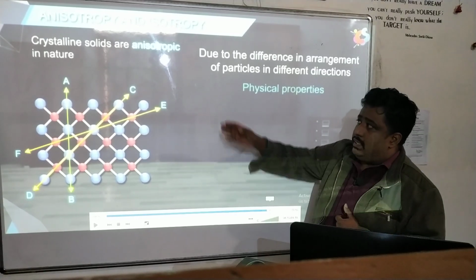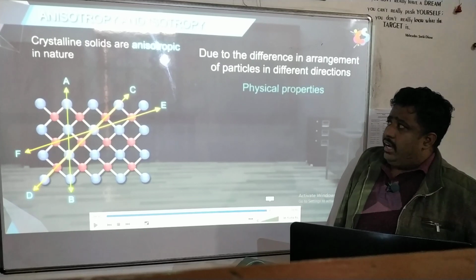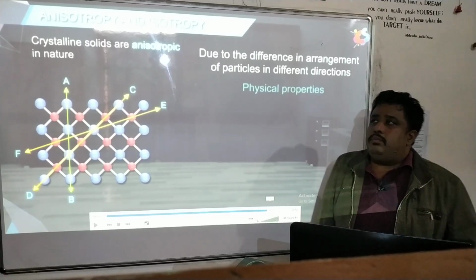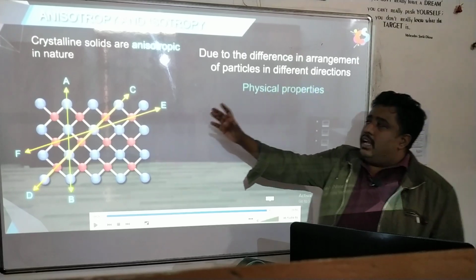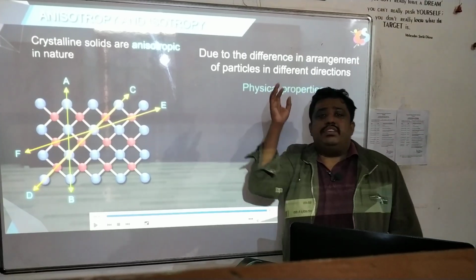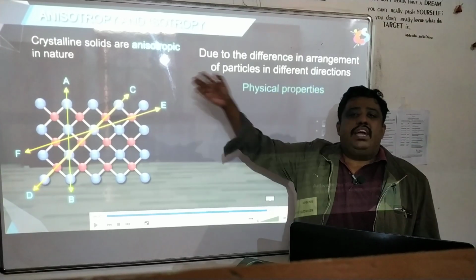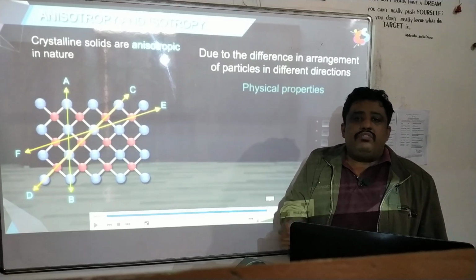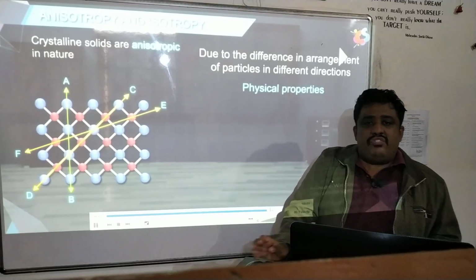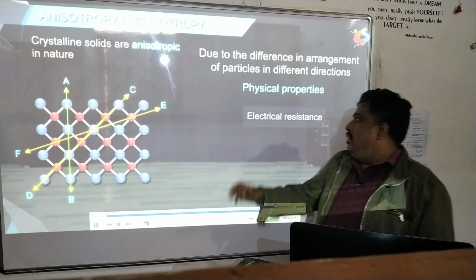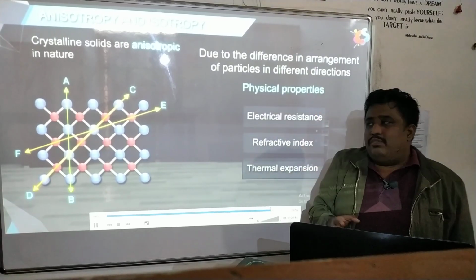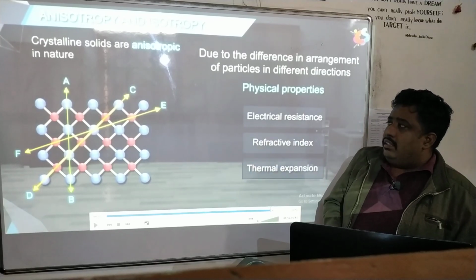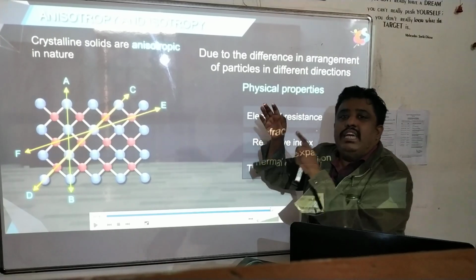One more property is that crystalline solids are anisotropic. Anisotropic means these crystalline solids show different physical properties in different directions, like refractive index and electrical resistance. All these properties will be different when measured in different directions.